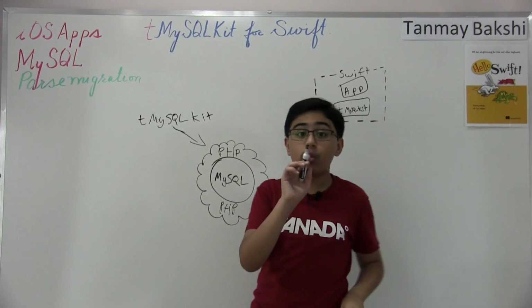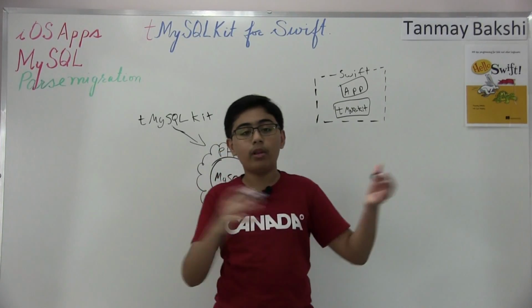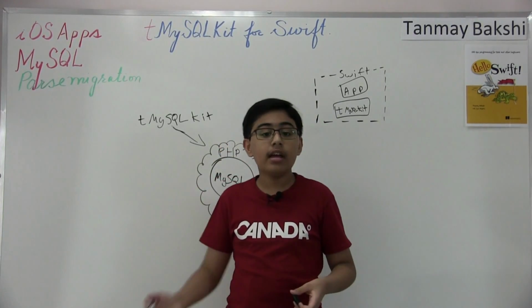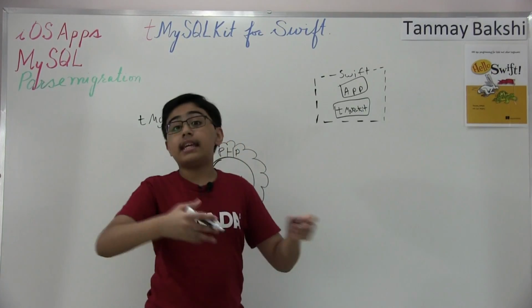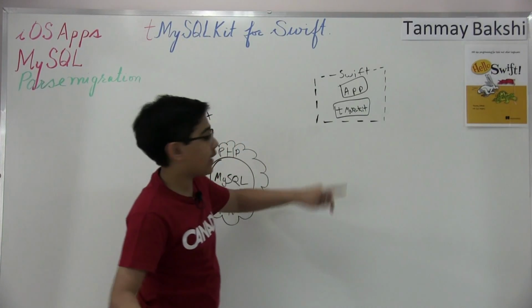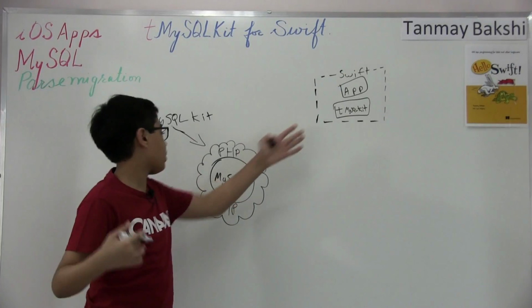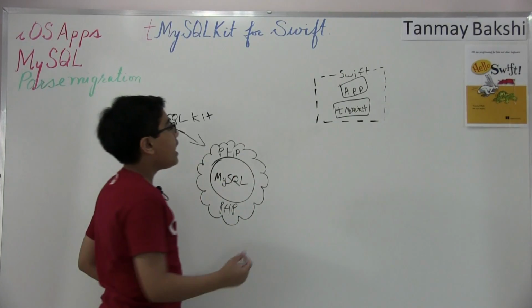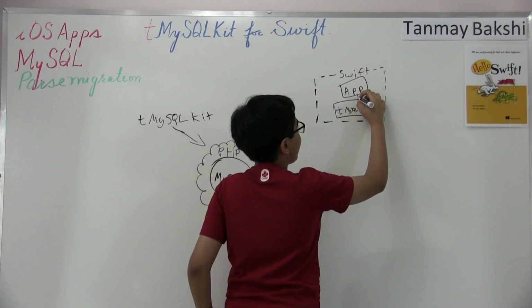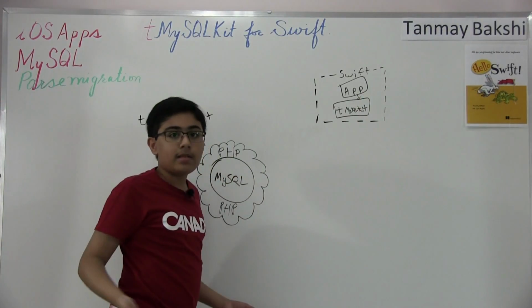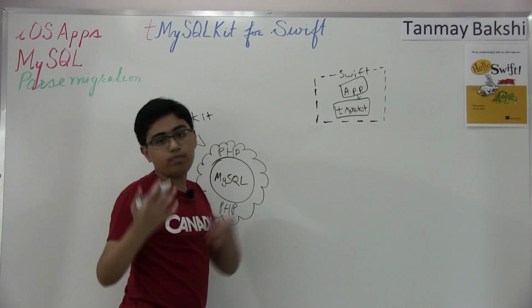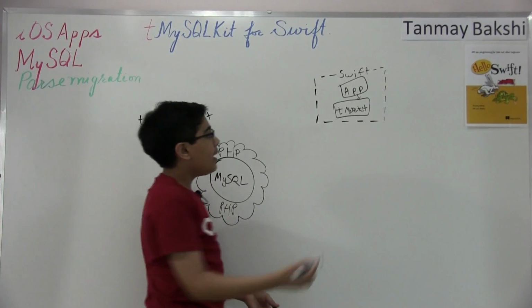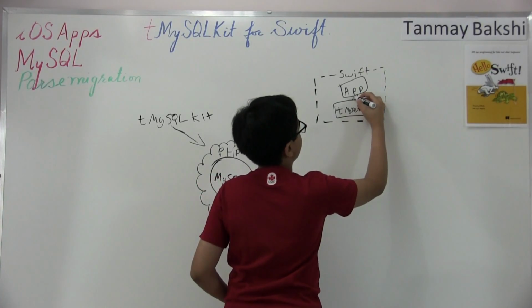You can give it your query in string format, for example, select star from table name, and the table name could be users, as a string to tMySQLKit. You'll feel, as I said, you'll feel like you're communicating directly with MySQL, and your application will give tMySQLKit a request. Okay. Now you pretend as if you're talking with MySQL because tMySQLKit returns you the result.